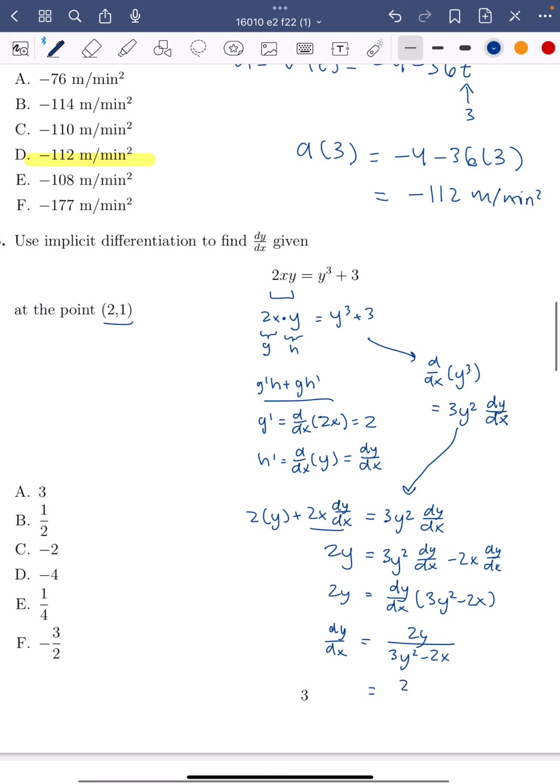So we would get 2 times 1 over 3 times 1 squared minus 2 times 2. If we simplify this, we would get 2 over 3 minus 4, which gives us 2 over negative 1, or negative 2, giving us an answer of C.